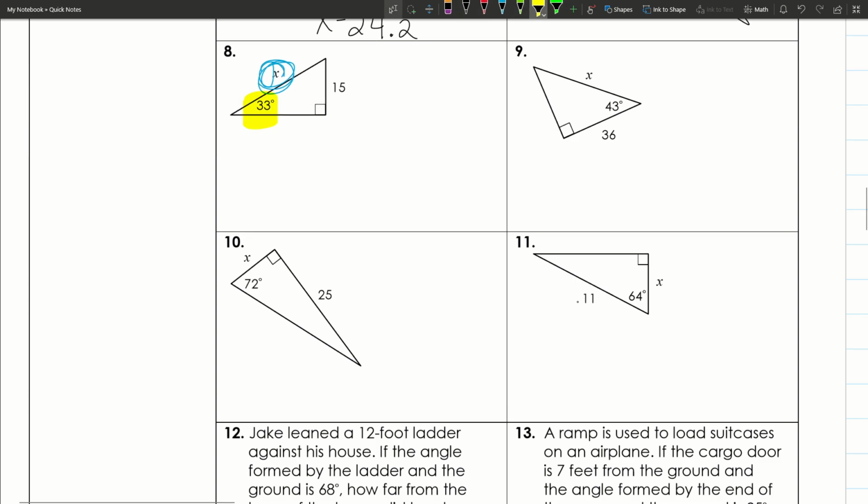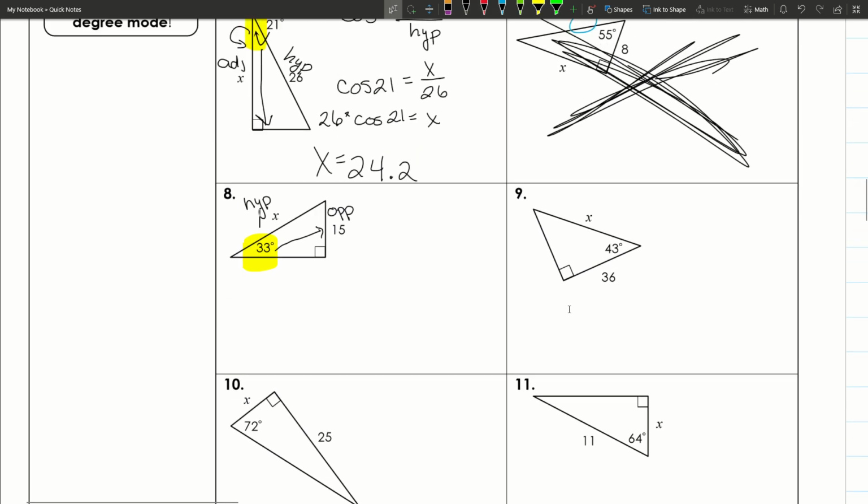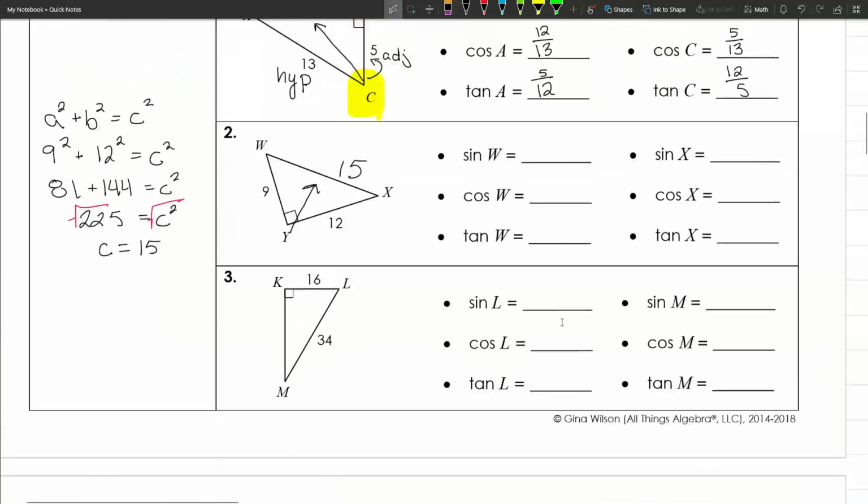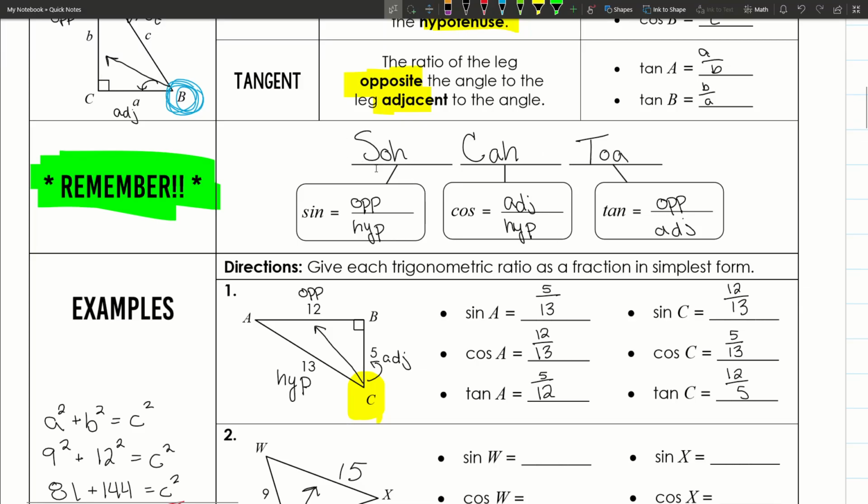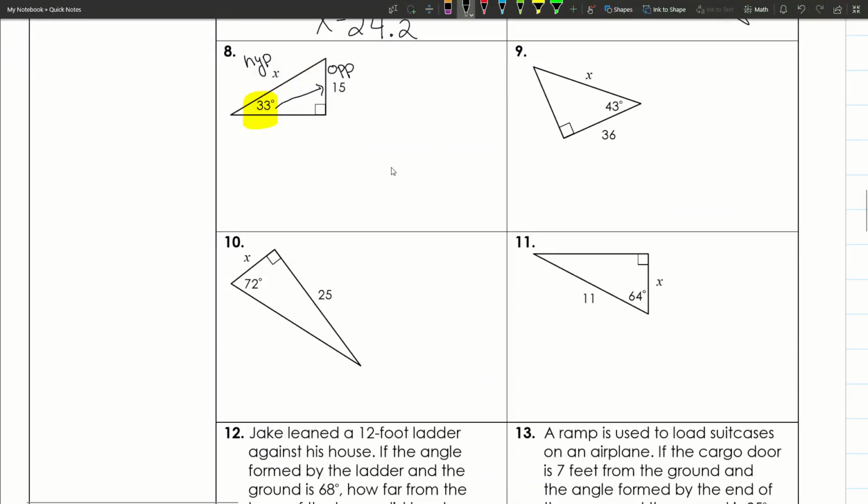We are sitting inside of this 33 angle, and my 15 is all the way across, which means it is opposite. And we said x was our hypotenuse. Opposite and hypotenuse, we said we would do sine. Remember, sine is opposite over hypotenuse.